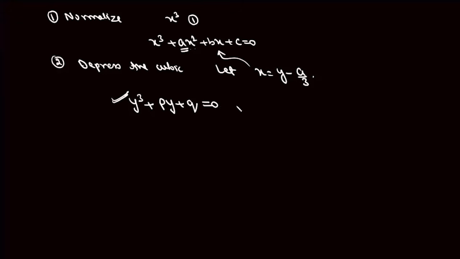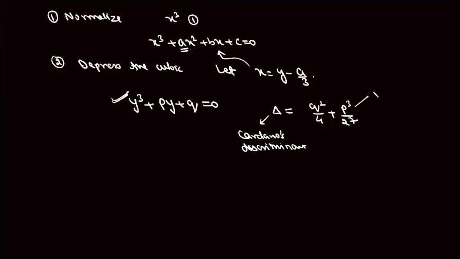Now for this cubic equation, we'll calculate a discriminant which we want to call Cardano's discriminant. It is given by q square by 4 plus p cube by 27.